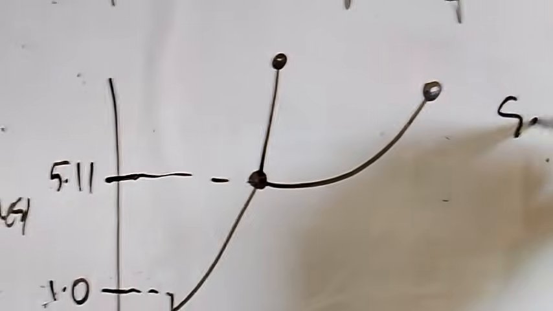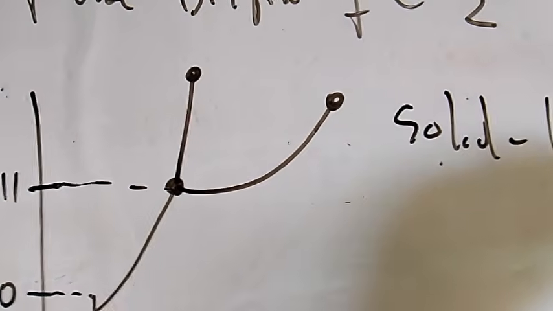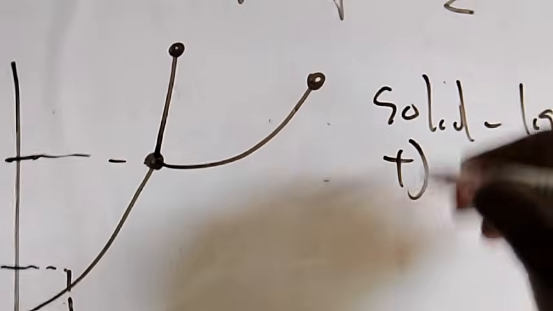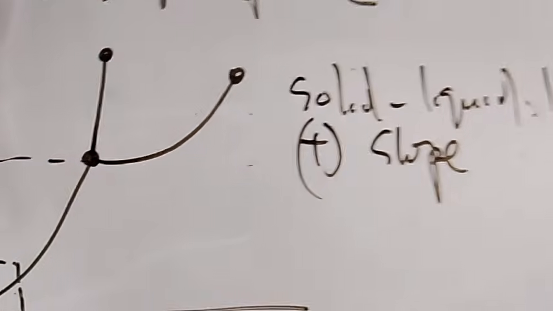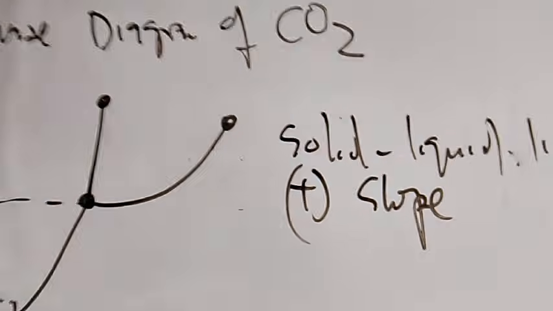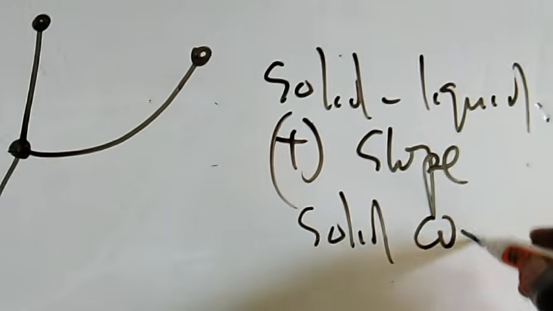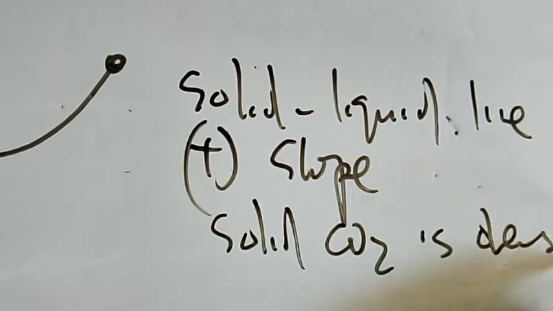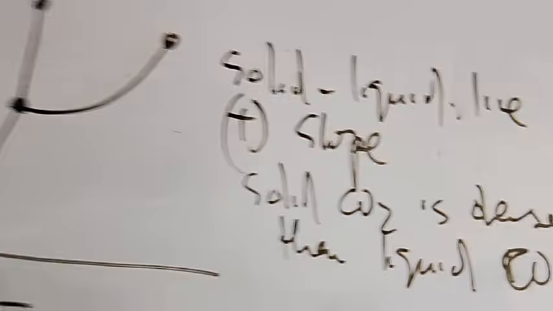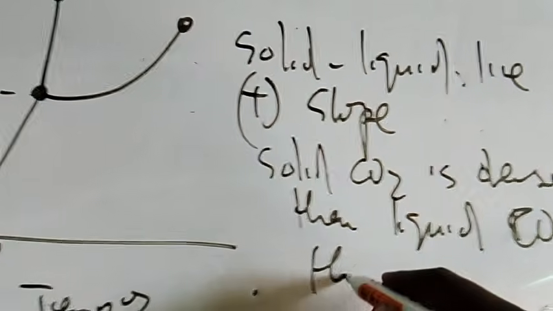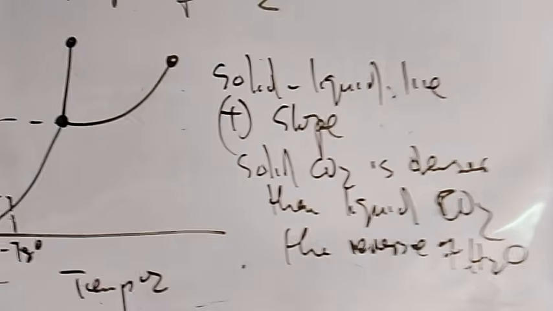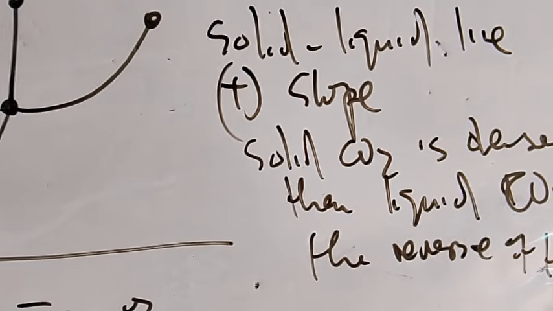Here the solid liquid line has a positive slope, and solid carbon dioxide is denser than liquid carbon dioxide. That is the reverse of water.